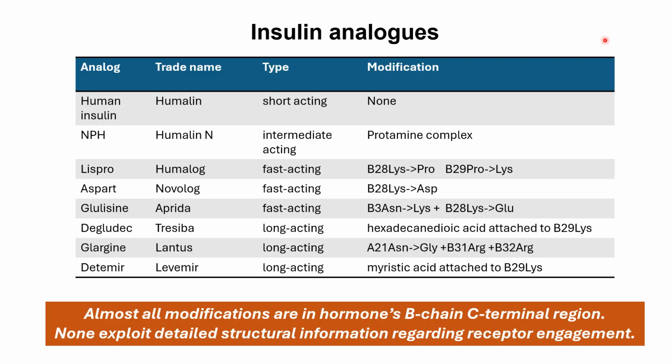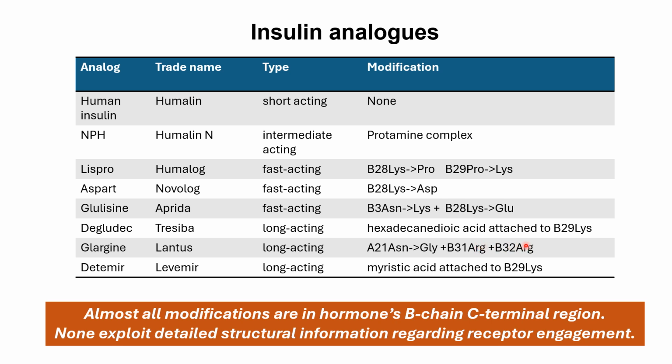Turning now to the theme of insulin analogs, if you look at the ones that are on the market, made by the various pharmaceutical companies that produce therapeutic insulins, you will see that almost all of them involve modifications to the B-chain C-terminal segment that I was talking about. That's 30 residues long. We talked about modifications to B28 and B29 or extensions onto the chain.